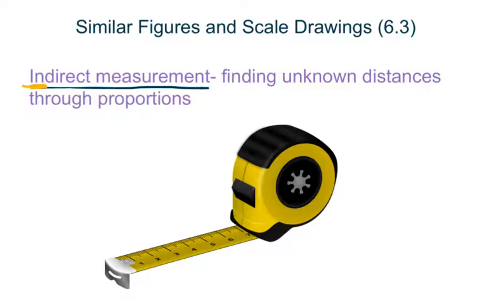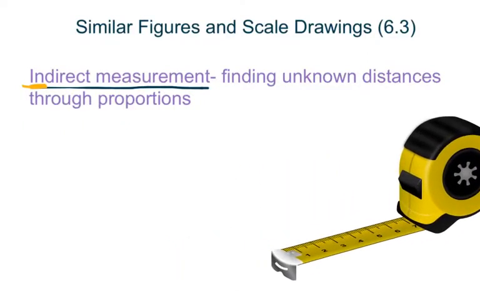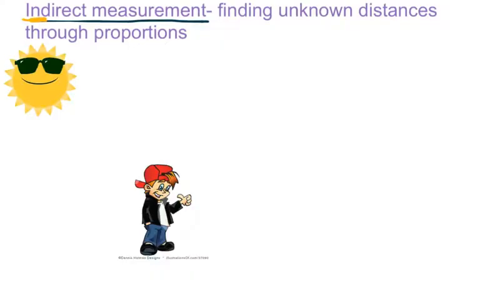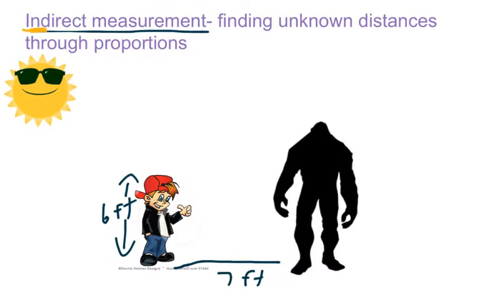So let's talk about how to set up those proportions. Alright, let's say the sun is shining and you know how tall you are, and you also know how long your shadow is. So let's say your shadow is 7 feet, and we measure you, and believe it or not, this kid right here is 6 feet tall, and we can find out how tall Bigfoot is.